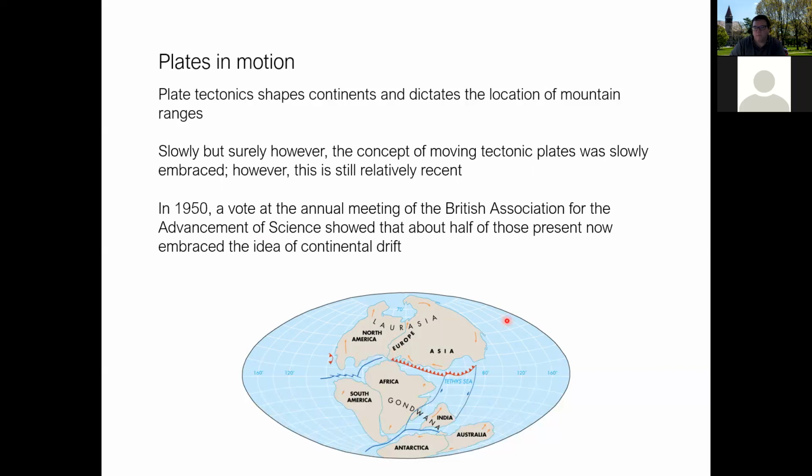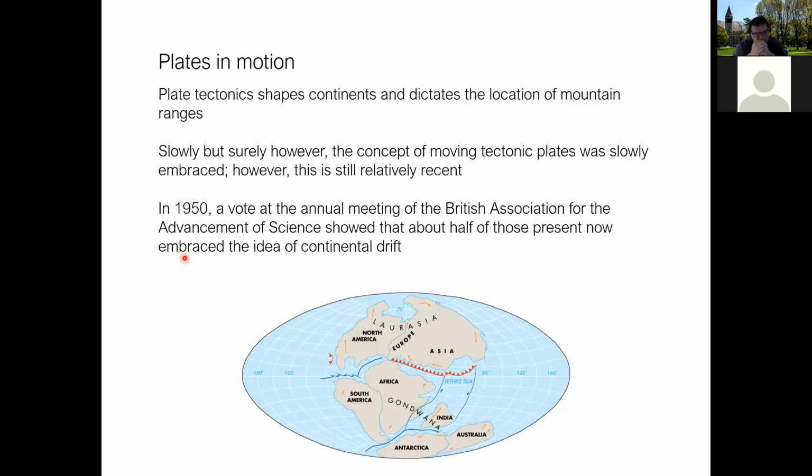So, moving forward, to give you a perspective on this, slowly from about 1912 until the present time, plate tectonics theory was accepted. But you might be surprised to recognize that as recently as 1950, 5 years after World War II, at one of the more prestigious geological conferences, about half the people still embraced the idea of continental movement and plates, the early idea of plate tectonics, and the other half still thought that wasn't the case.